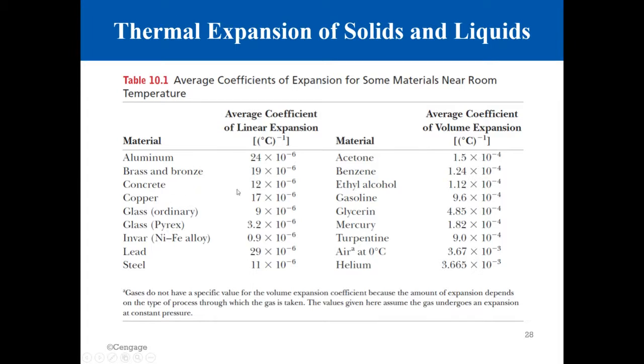For concrete, 12 by 10 to the minus 6. For steel, 11 by 10 to the minus 6. Here for some liquids, like benzene, it is 1.24 by 10 to the minus 4. For mercury, 1.8 by 10 to the minus 4. For gasoline, 9.6 by 10 to the minus 4.